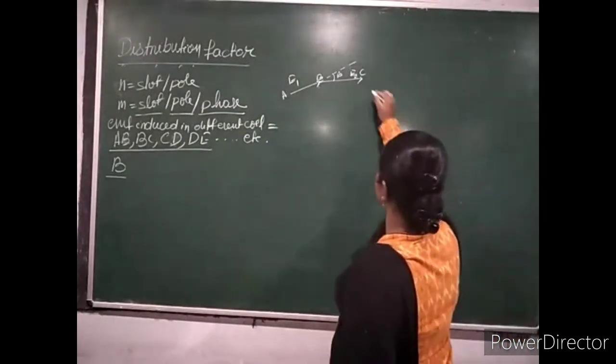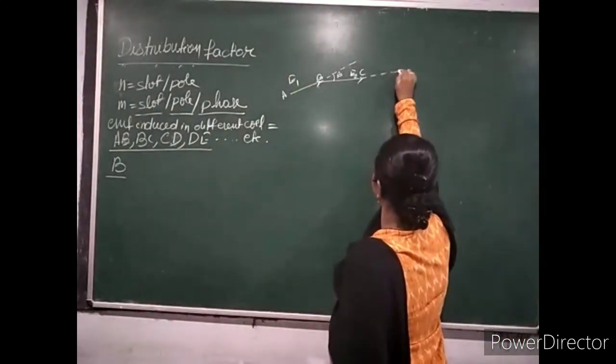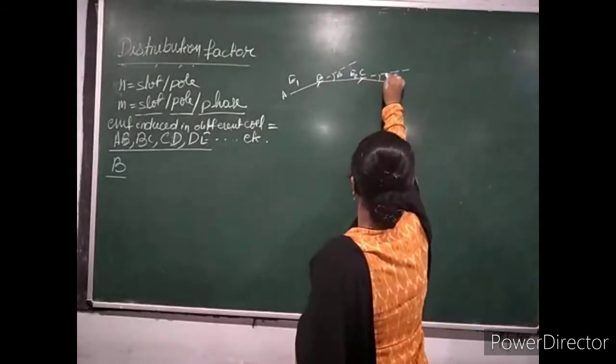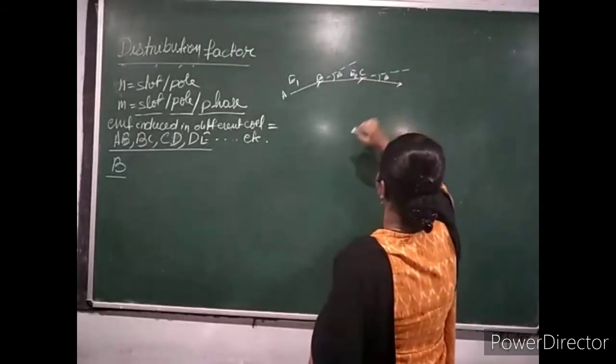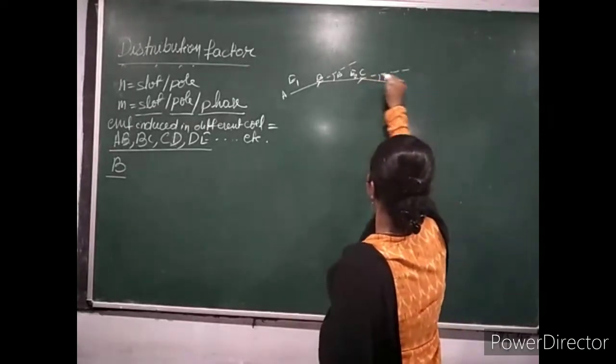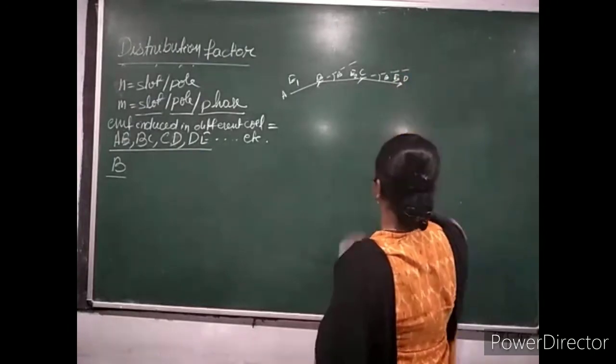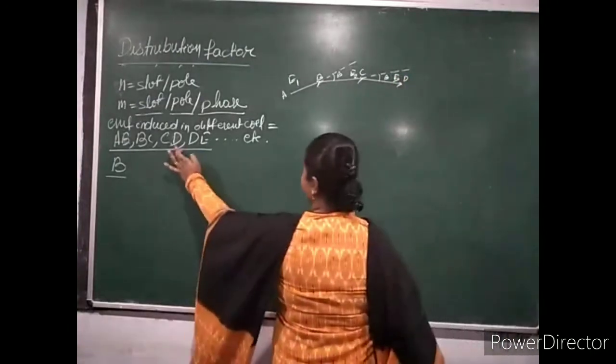Okay, then again by a phase difference of beta, another voltage CD is induced, let it be E3.